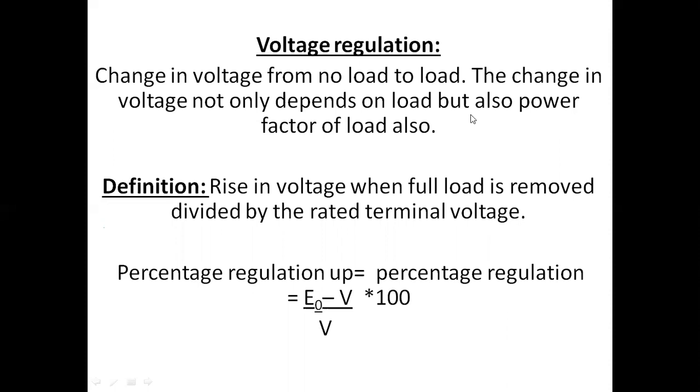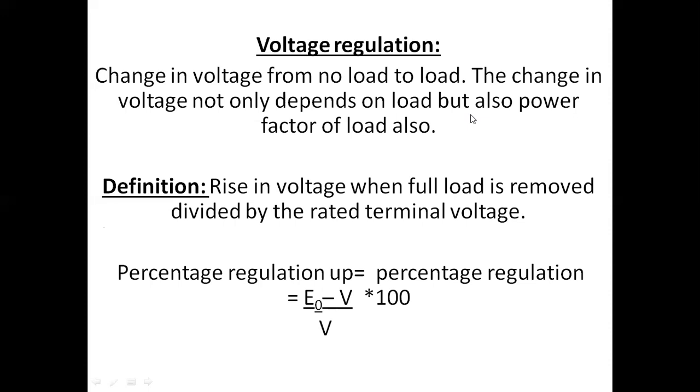So I can say that the voltage regulation of the alternator is defined as the rise in voltage when full load is removed, with field excitation and speed remaining at the same value, divided by the rated terminal voltage. So the rise of voltage from full load to no load, by the no load voltage.